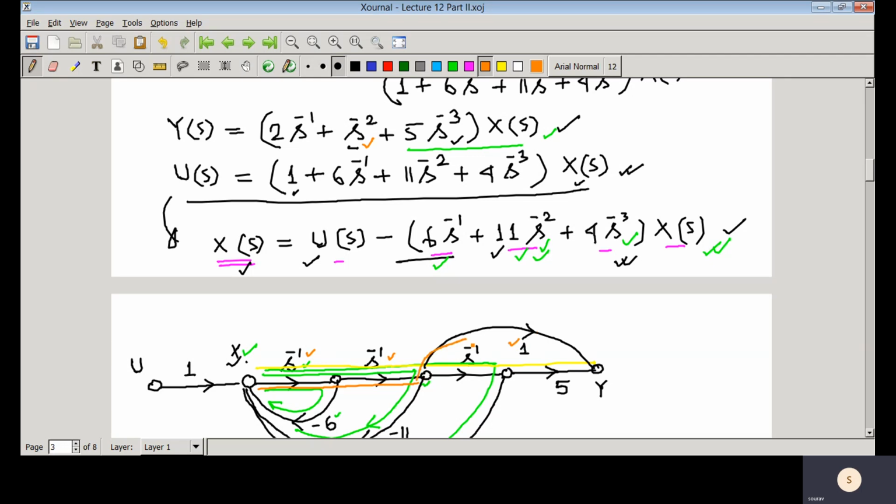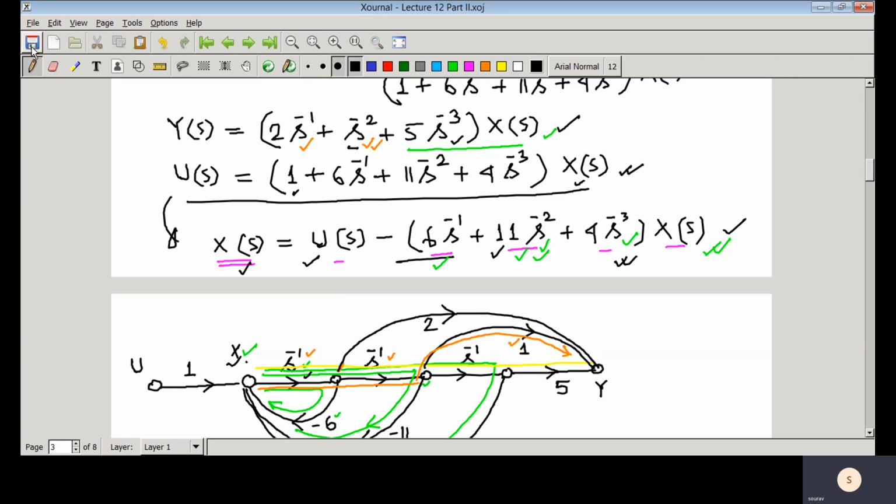So that means the second term is realized. And what about the first term, that is s to the power minus 1? Start from here, we have just this branch, s to the power minus 1 into 2. Then we have that y.